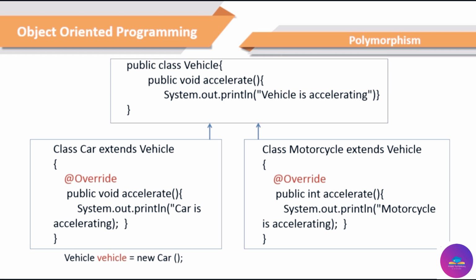In the same way, vehicle1 equals new motorcycle. That works as a statement because motorcycle is a subclass of vehicle as well. So here the reference variable vehicle1, declared of type vehicle, is pointing to an object of the motorcycle class.